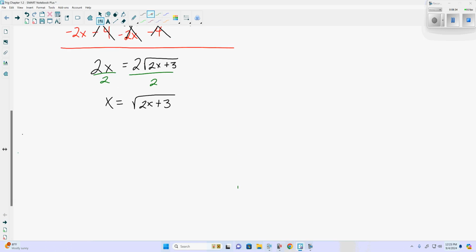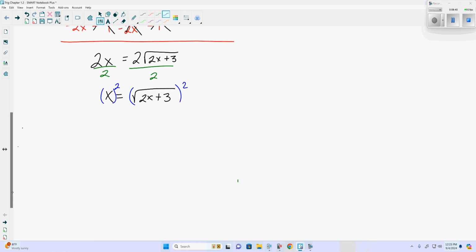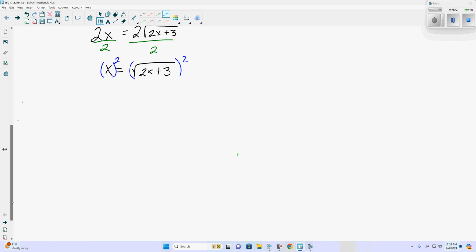Now, as we did already, we're going to, again, square both sides. The left-hand side, just x squared. The right-hand side, square root and square simplify. Now at this point here, we need to get this equal to 0.